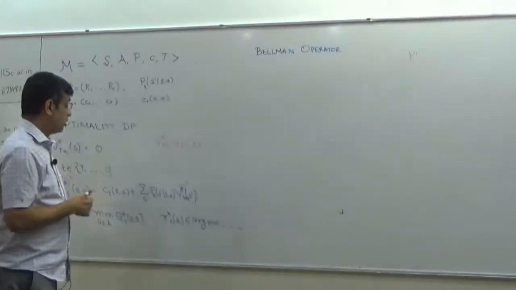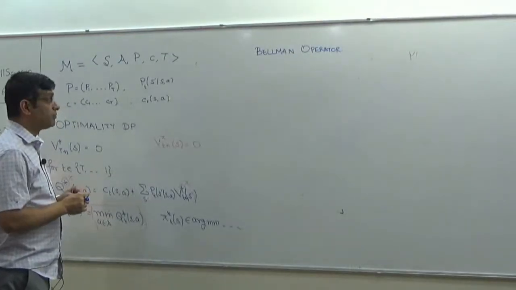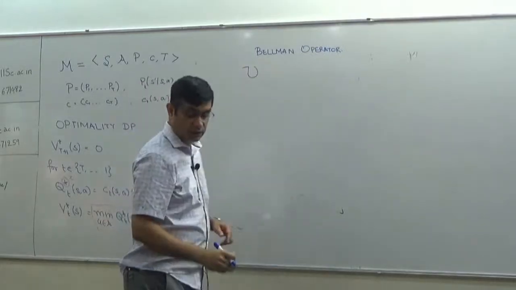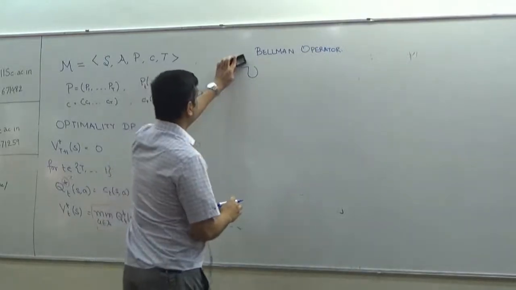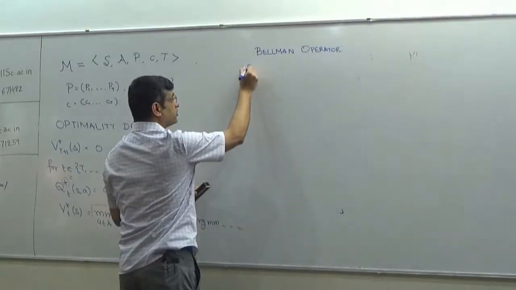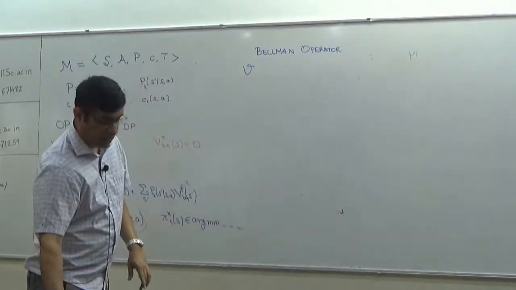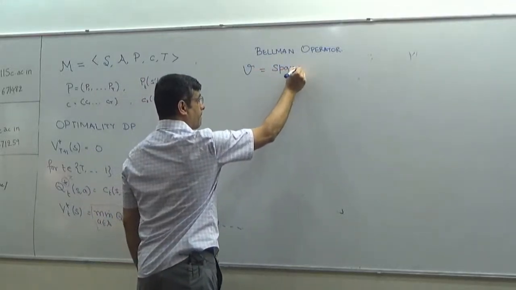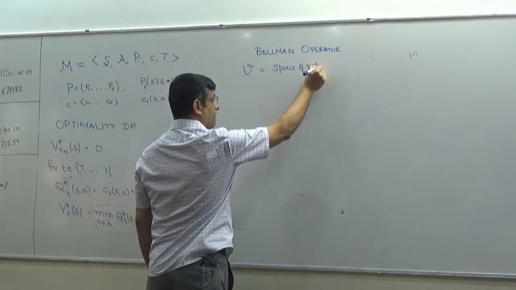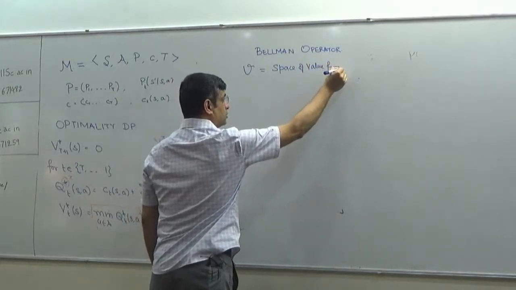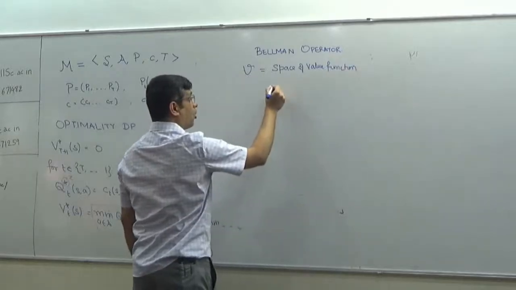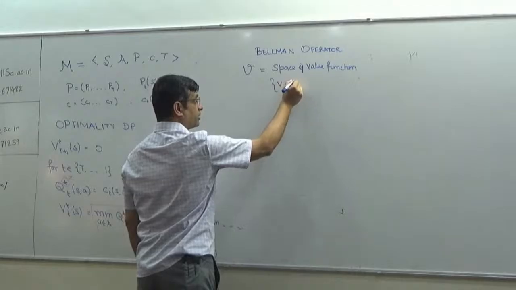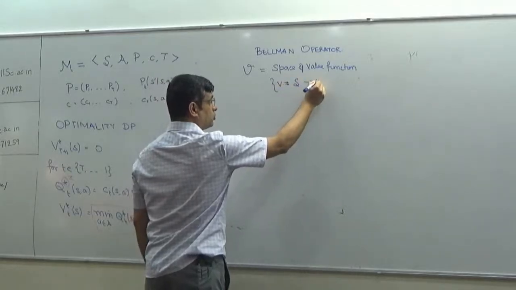We are going to use script V. This did not turn out well. I do not know how to write that. So, let us say this means script V, and this is the space of value functions. These are all functions, the set of V's such that V maps S to the reals.